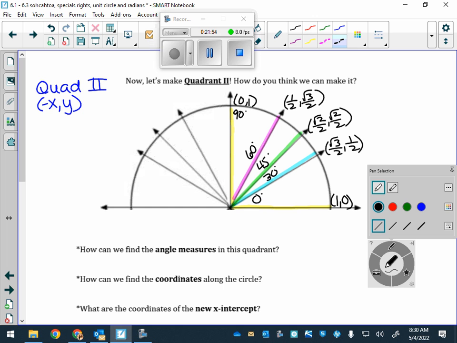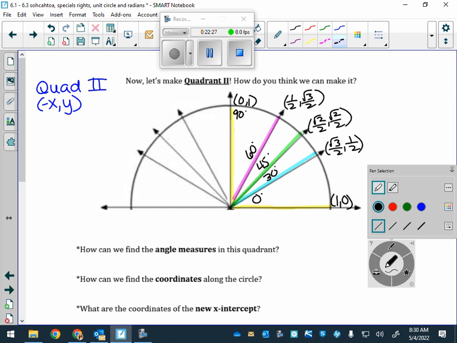So how can I determine where those coordinates will go? What do you think? Yeah, Finn. Okay, so be a little more specific. This line here, according to mine, would it be blue, green, or pink? Blue. This middle line?